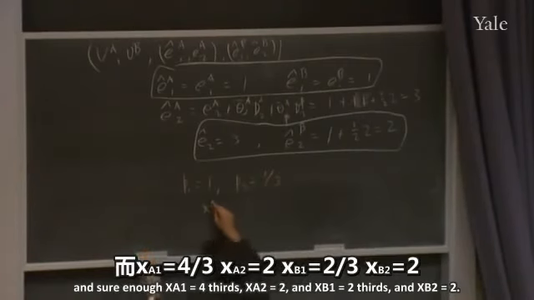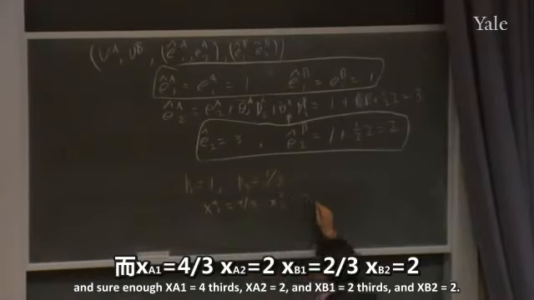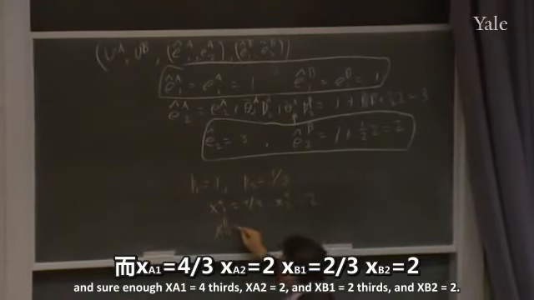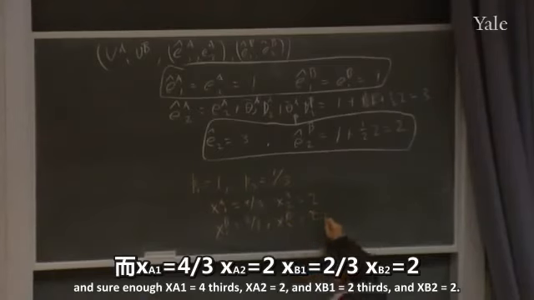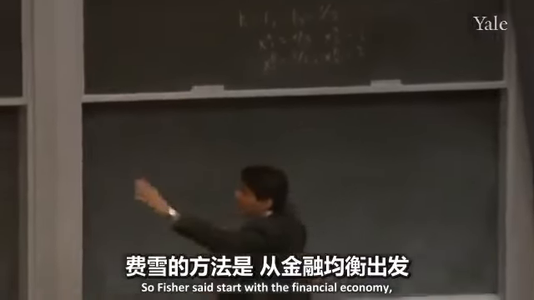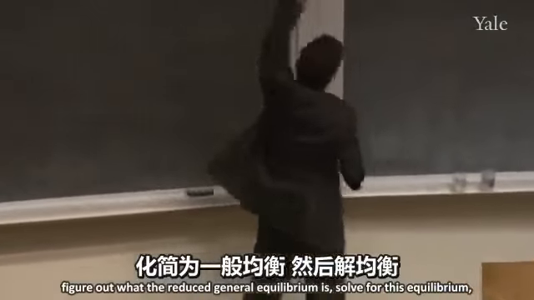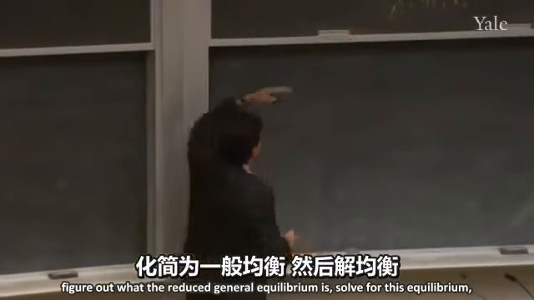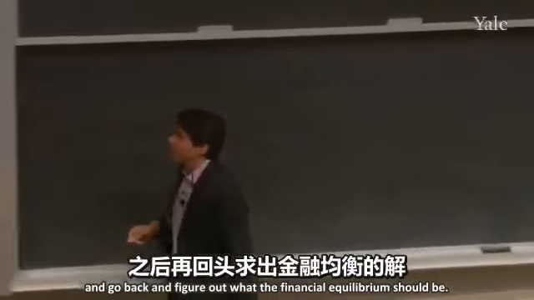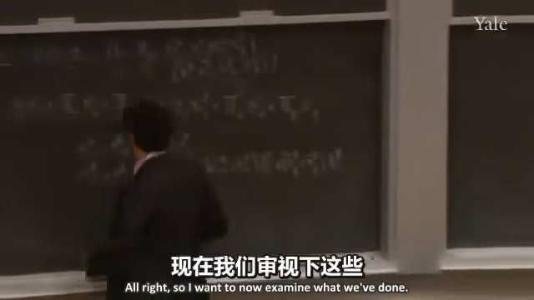And sure enough, XA1 equals 4/3, XA2 equals 2, and XB1 equals 2/3, and XB2 equals 2. Okay, so Fisher said, start with the financial economy, figure out what the reduced general equilibrium is, solve for this equilibrium, and go back and figure out what the financial equilibrium should be.